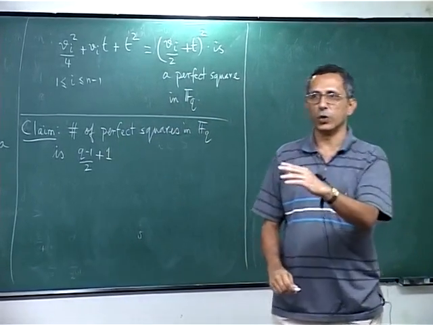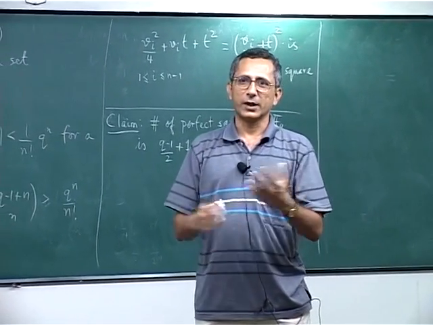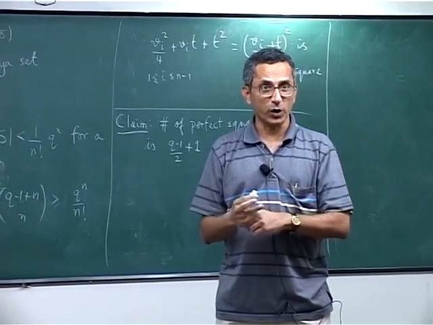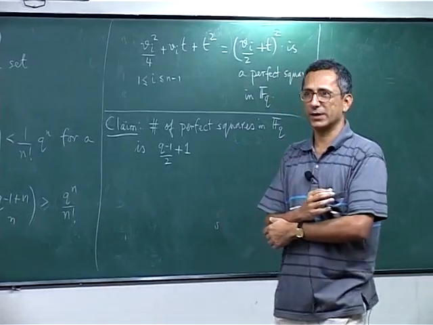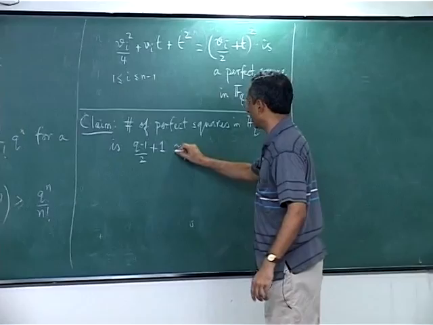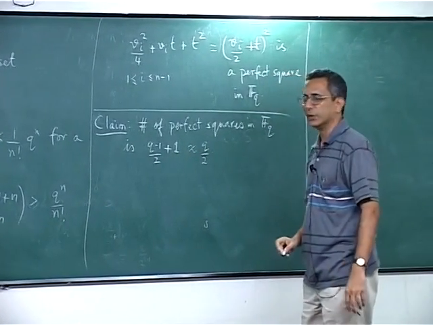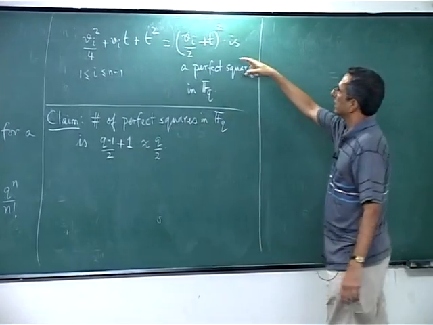That is, if you leave out 0, 0 is a perfect square anyway. If you leave out 0, there are q minus 1 elements left. q minus 1 is an even number because q is odd. (q minus 1) by 2, that is exactly half of them will be perfect squares. So, this is close to q by 2, essentially like q by 2. So, let us complete the proof and then we will prove the claim.